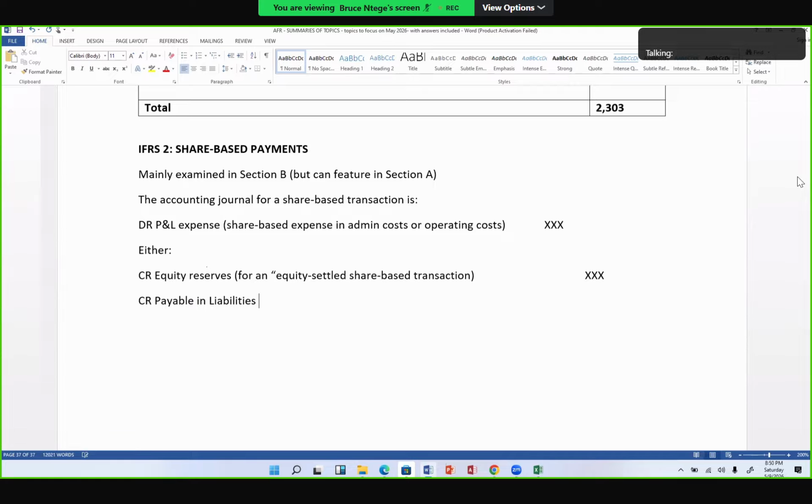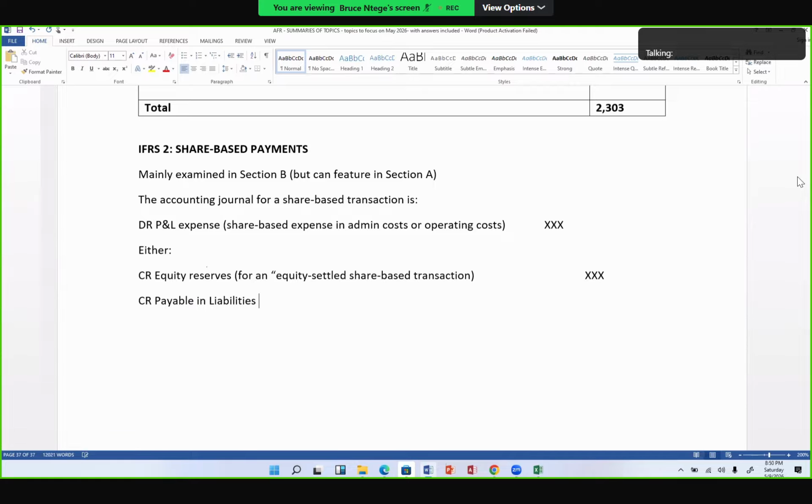It's the credit that's majorly giving us the issue. Either that credit goes to the equity reserve, if it's an equity settled transaction, or it goes to the payables and liabilities, if it's a cash settled transaction.